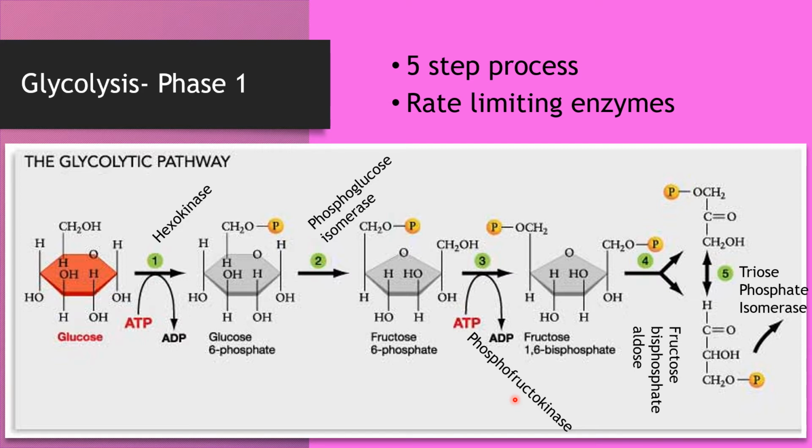When the levels of ADP are high, the enzyme is more active. When there is less ADP but more ATP, the enzyme is less active. So that's what it means for the rate limiting. It depends on how much ATP is available or how much ADP is there.